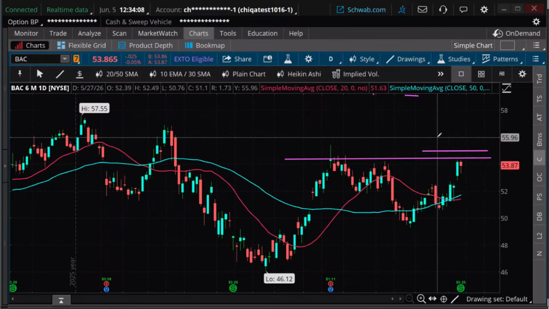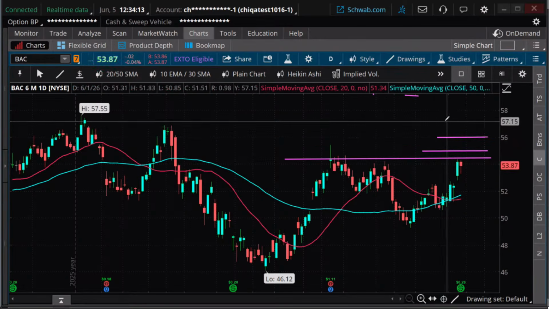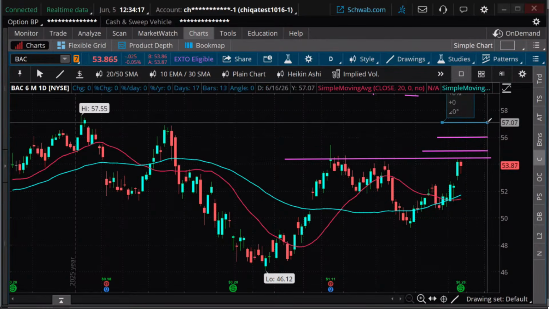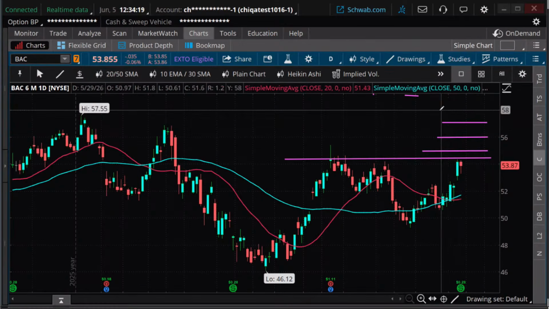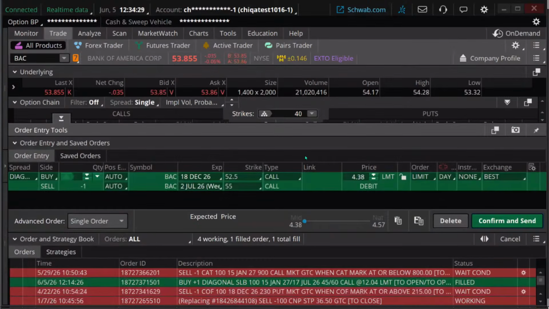What if we go to 56? Do you feel better about that? I feel better about that one. 57, at a certain point you can go up, but remember, at that point, is the premium worth it on these? So I'm going to go up to the 56 at least.